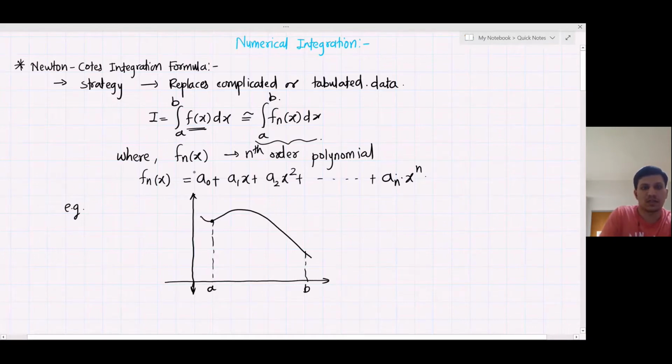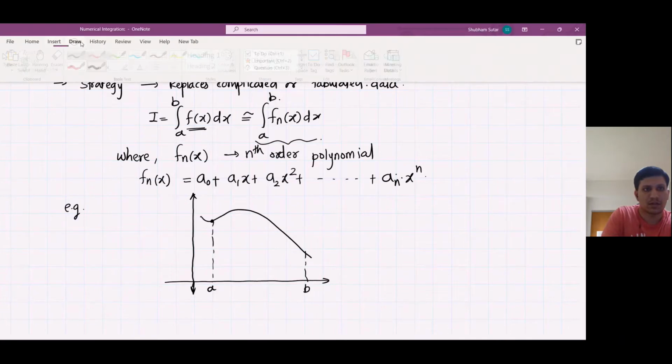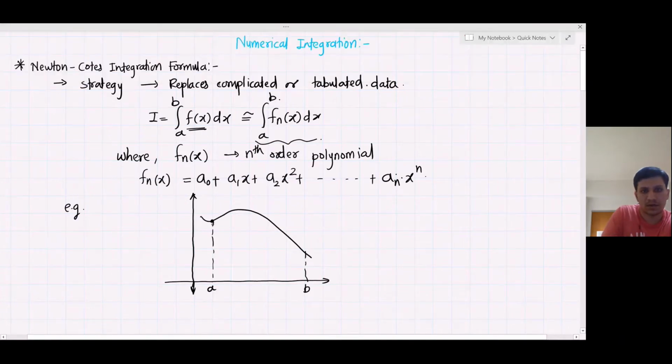So consider we take the first order polynomial, that is a straight line. If we fit the straight line between these 2 points, then we can get the area, which is an approximated answer to the given question.